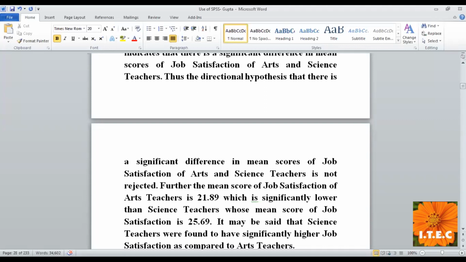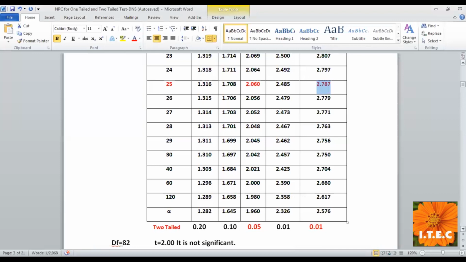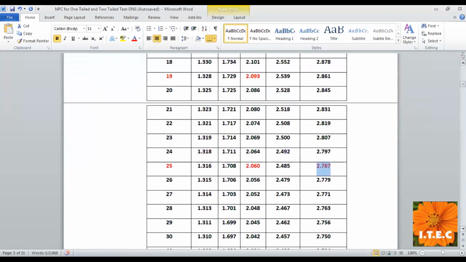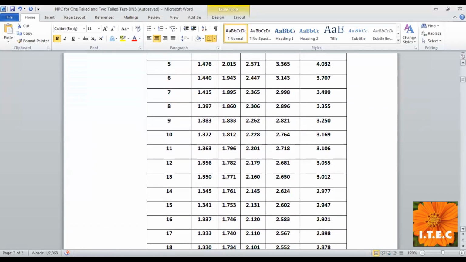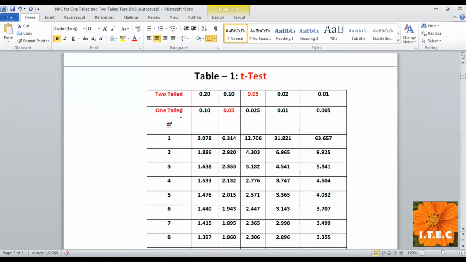And even if you see the value in the one tail, this is the value which will be at 0.05 level. This is the one tail test and this is 0.05. And two tail is 0.01.